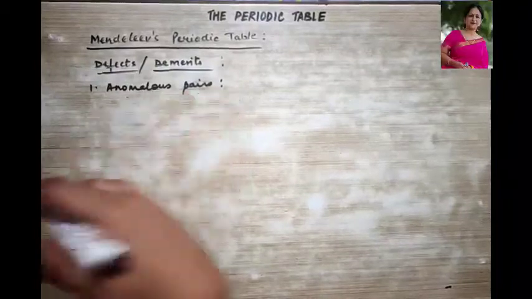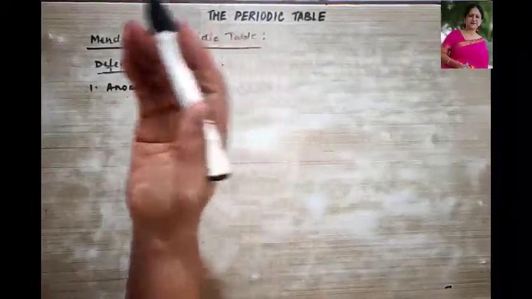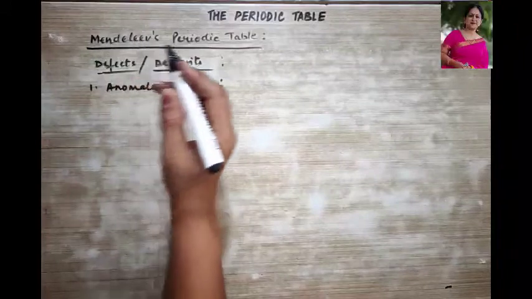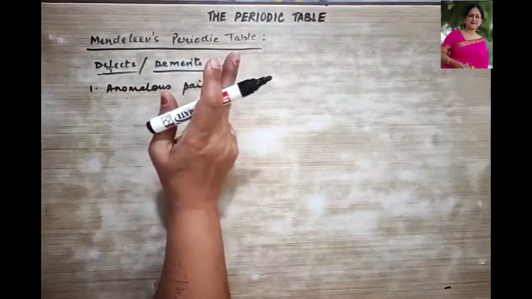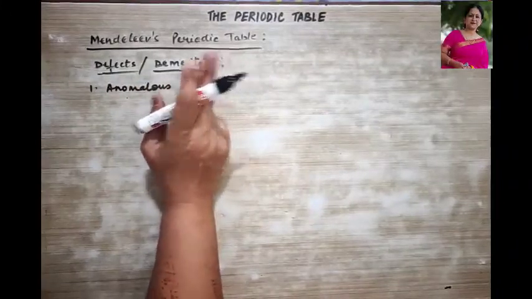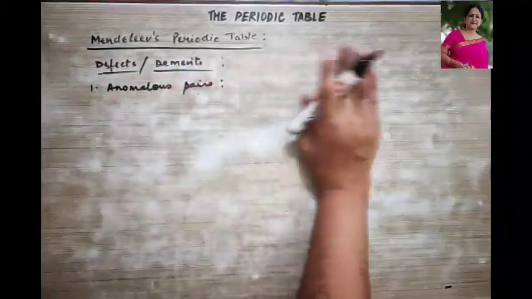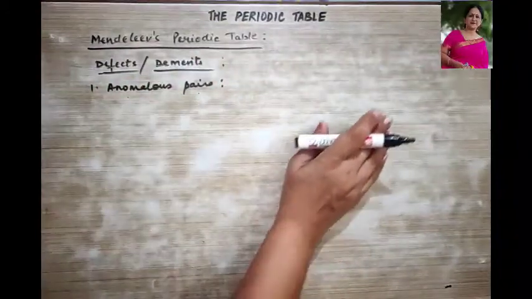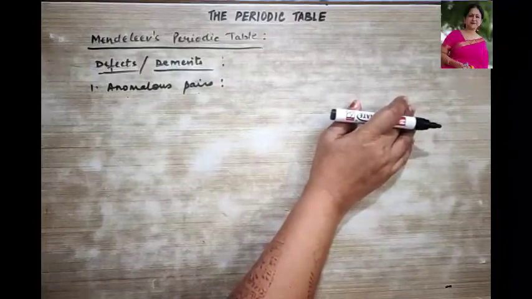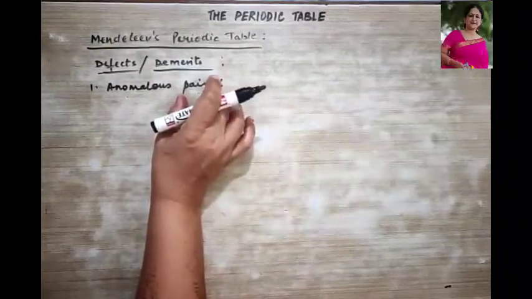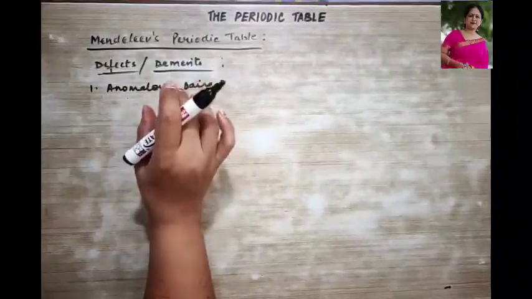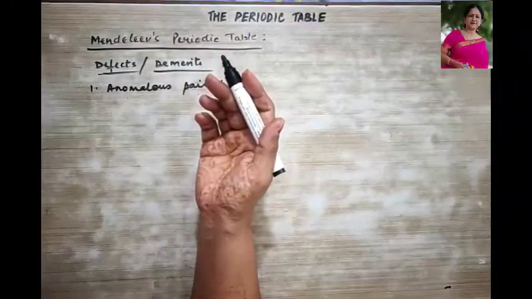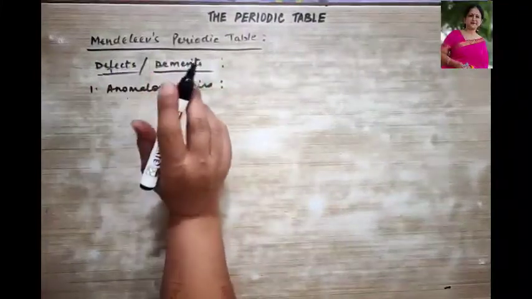Now elements having high atomic weight were placed before the elements having low atomic weight, whereas he was trying to arrange all the elements according to the increasing atomic weight.